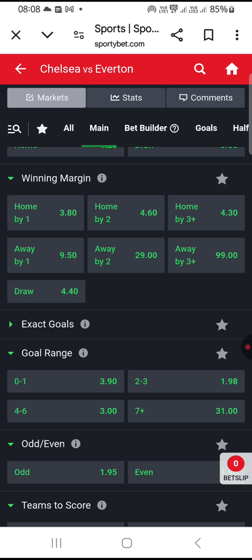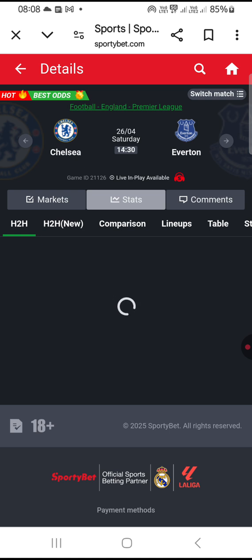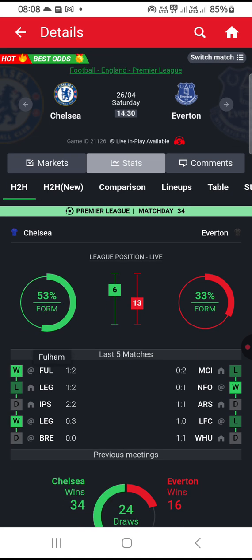So how is the criteria of playing this game? First thing you have to do is check the teams that are playing, Chelsea and Everton. How consistent has Chelsea been in terms of scoring ability? If you go to the stats, how have they been in their last 5 games? You can go to SofaScore, and all these websites or applications that show goals and winning goals, and check it there.